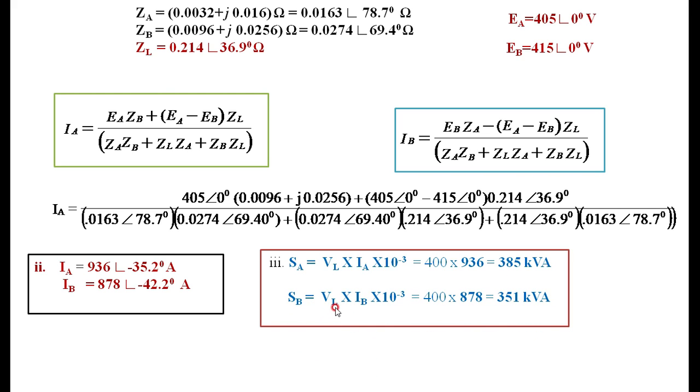Similarly, SB is equal to VL into IB into 10 raised to minus 3.